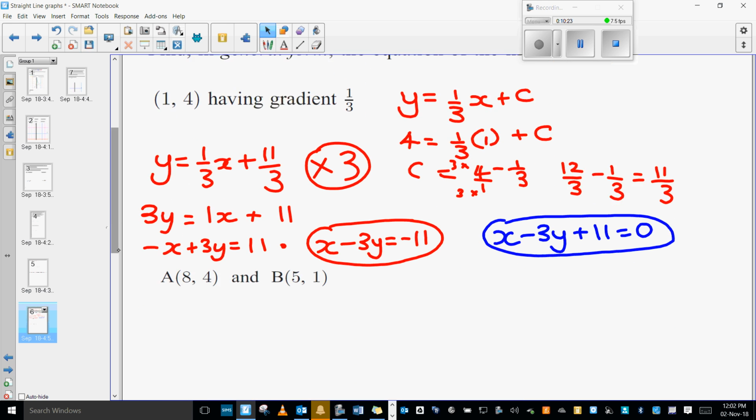Yes, because we need to make our first term, in this case the x, be the positive one. This is exactly the same as this, but my first term is positive, and they've asked the x to come first. And so that's why we had to go to this format.